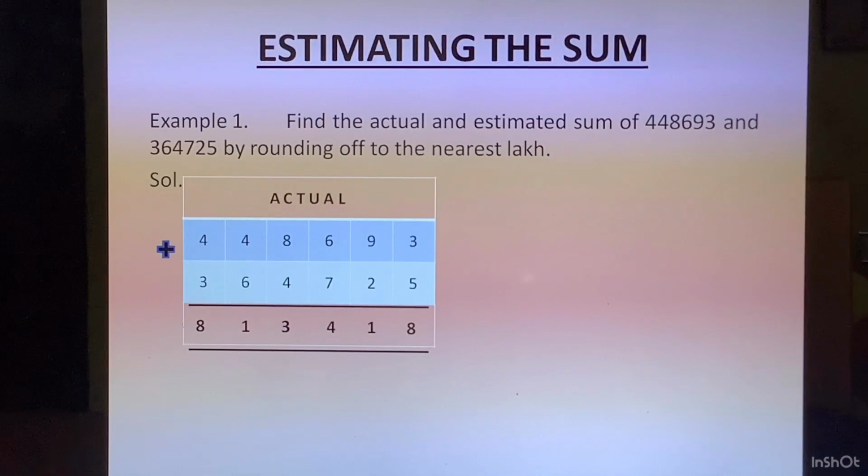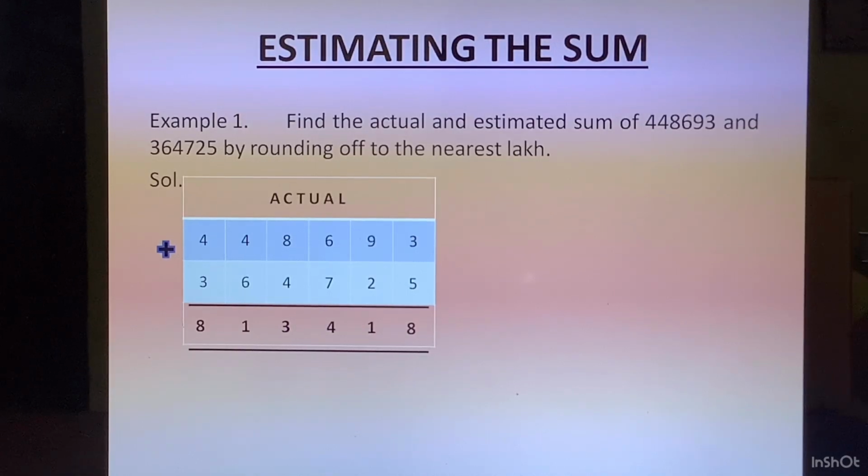To round off to the nearest lakhs place, we will first look at the digit at the 10,000 place. In the first number, we have the digit 4 at the 10,000 place. 4 is less than 5. So this number will round off to 4 lakhs. In the second number, that is 364725, we have 6 at the 10,000 place. 6 is greater than 5, so we will change 3 into 4 and rest of the numbers on the right to 0.